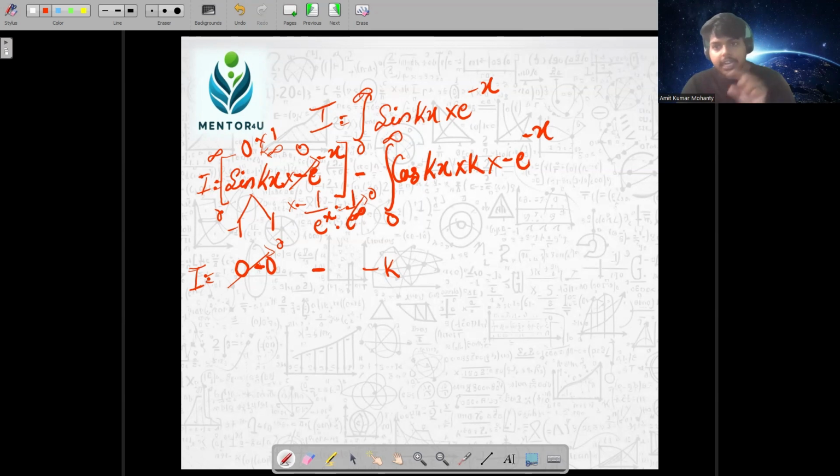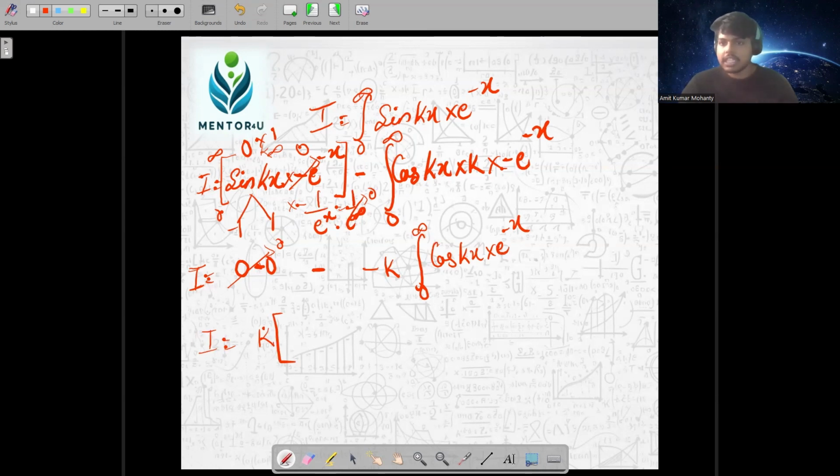So in integration, we can take the constant out, and we have a negative sign here. So I'm taking minus k outside. Integration of 0 to infinity cos kx into e to the power minus x. Clear? So this minus and minus, let's make it plus. So I equals k into integration of 0 to infinity cos kx into e to the power minus x.